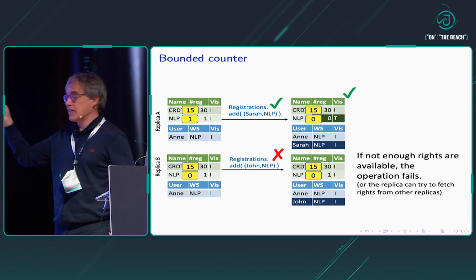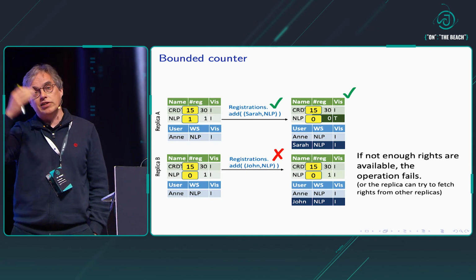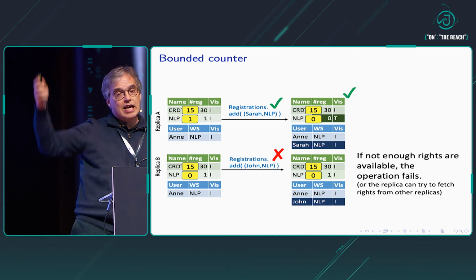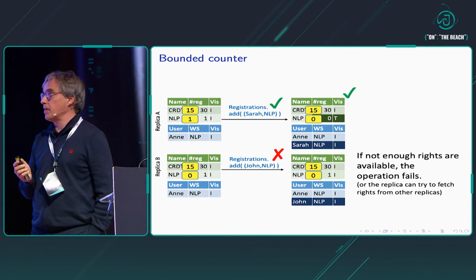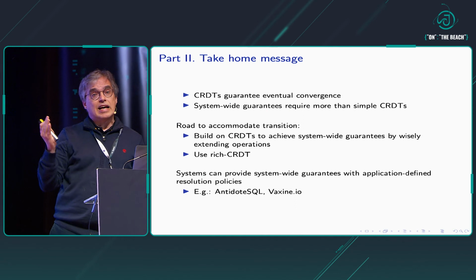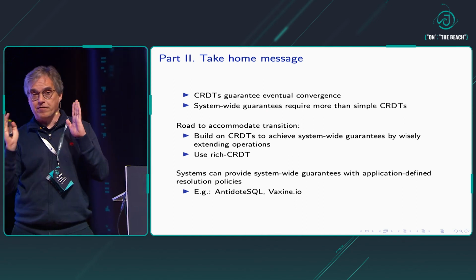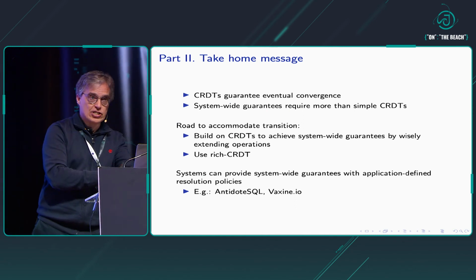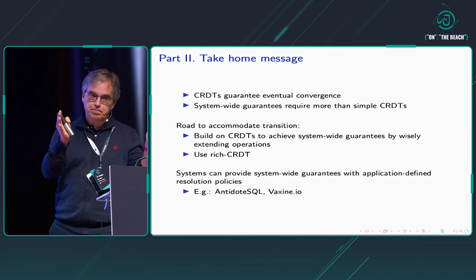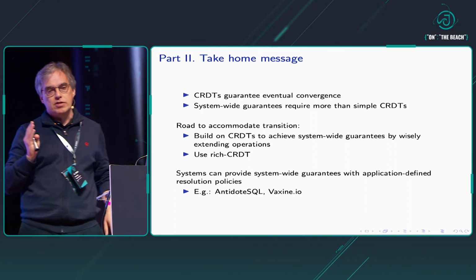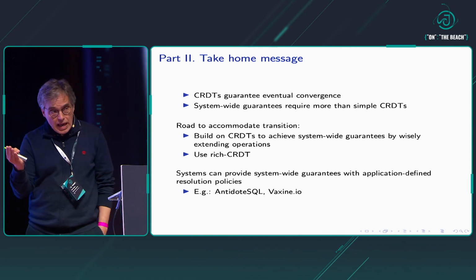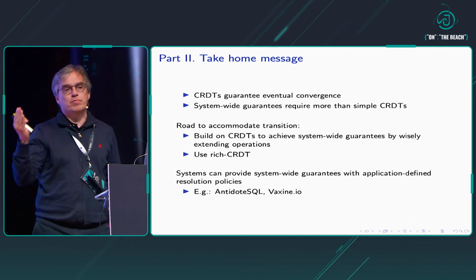So in this case, the operation will fail, or alternatively, I could get rights from another replica. So this kind of solves the problem of having counters that have bounds.